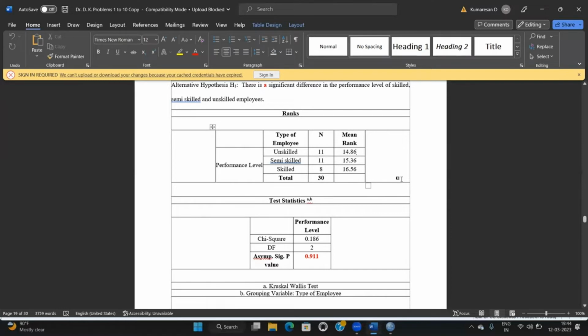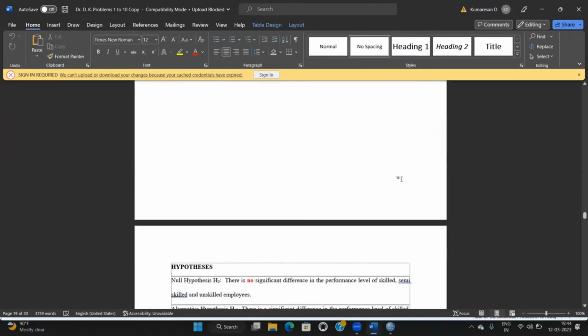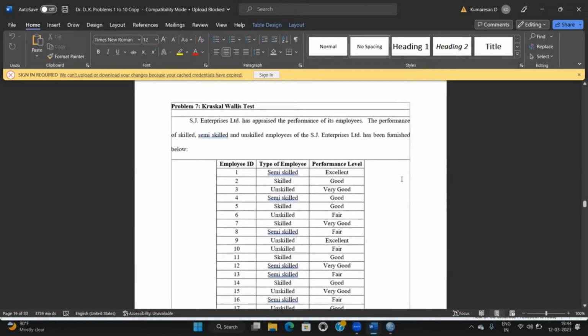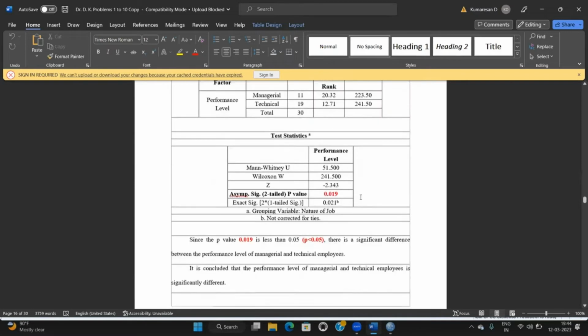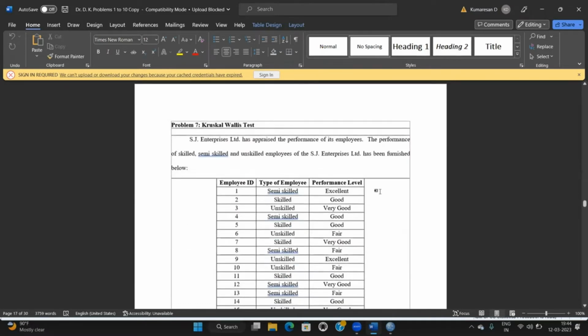So this is about the Kruskal-Wallis test. The difference between Kruskal-Wallis test and one-way ANOVA is the data. If the data is given as scale data, we have to apply one-way ANOVA. If the data is given as ordinal data, we have to apply Kruskal-Wallis test. So here also, at the time of drafting your questionnaire, you can decide.